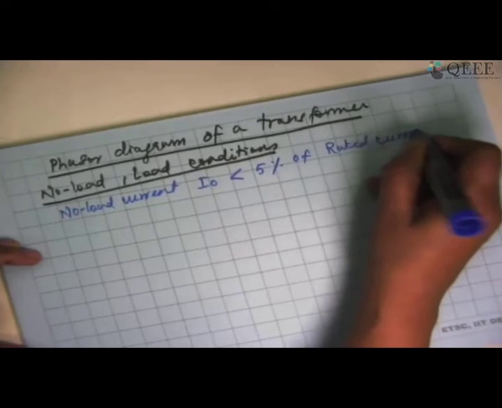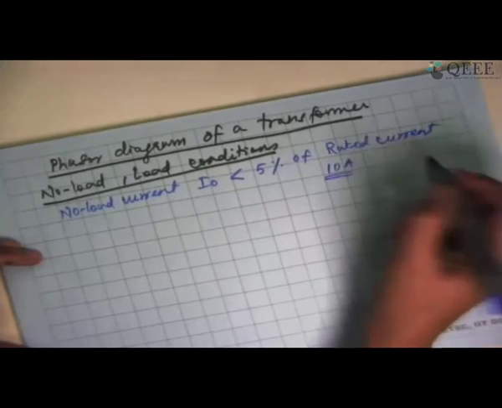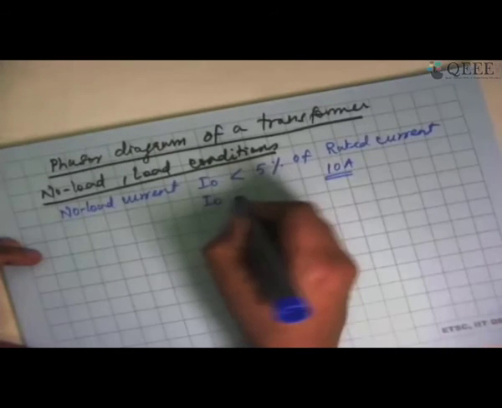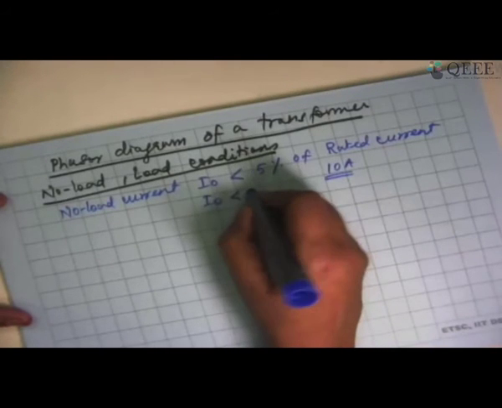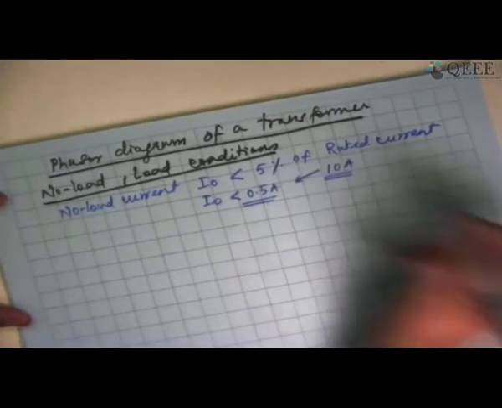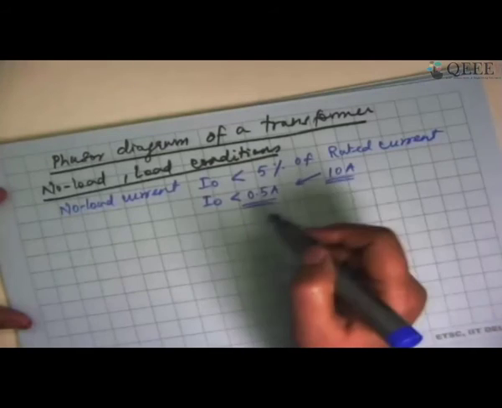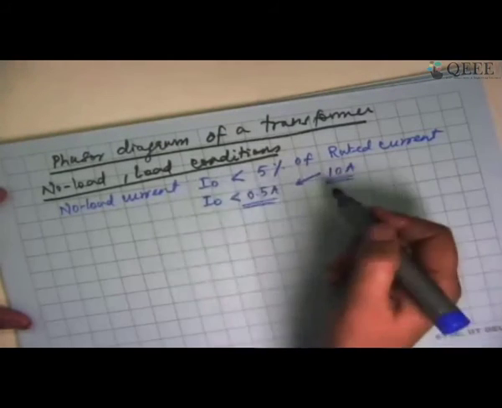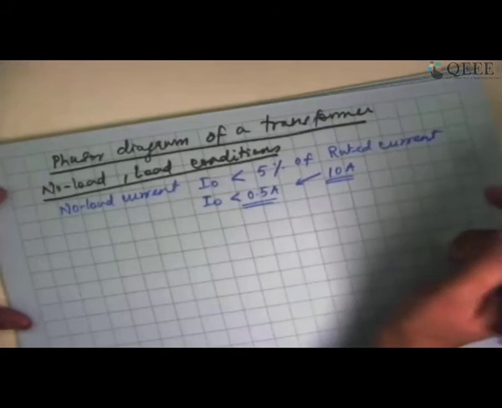So if the rated current is, for example, 10 ampere, which we have taken, I0 is going to be less than about 0.5 amperes. It is going to be really small, so we don't have to worry too much about the no load current when we are talking about rated load condition.